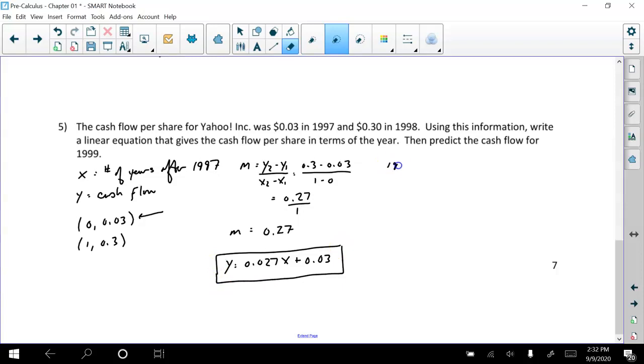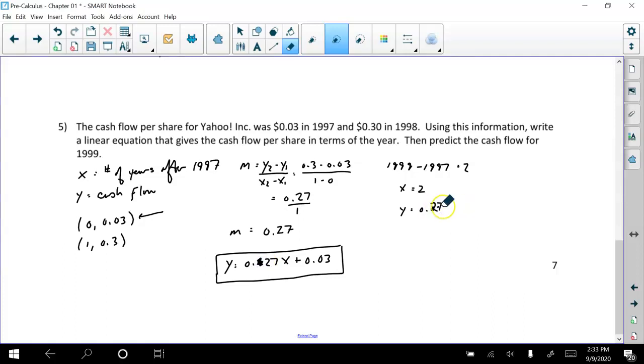So for 1999, what we can do is take 1999 and subtract 1997, our starting year, and we get 2. So that tells us that's year number 2. So x equals 2. So y equals 0.27x plus 0.03. Ignore the extra 0 I wrote by accident.